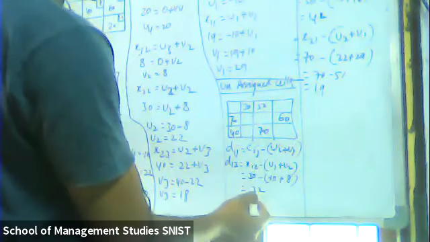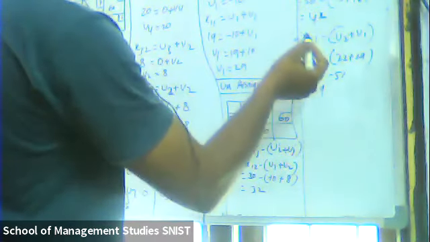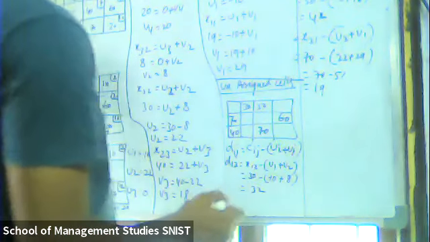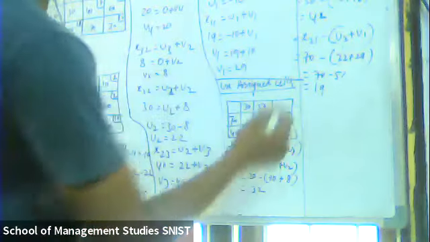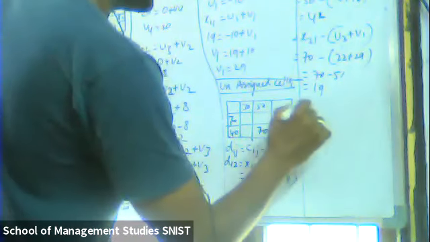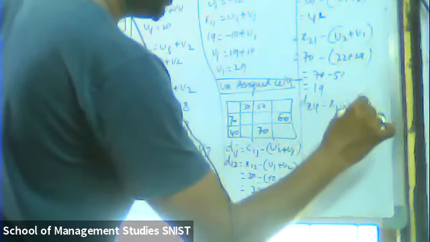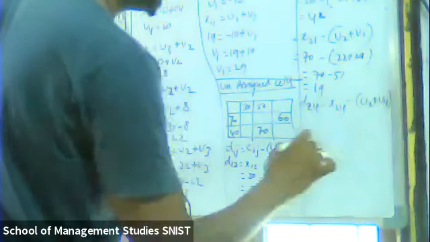Okay. So as of now, x12 we got positive, x13 is also positive, and x21 is also positive. Now we have to check this one, which is D24 equals x24 minus u2 plus v4.